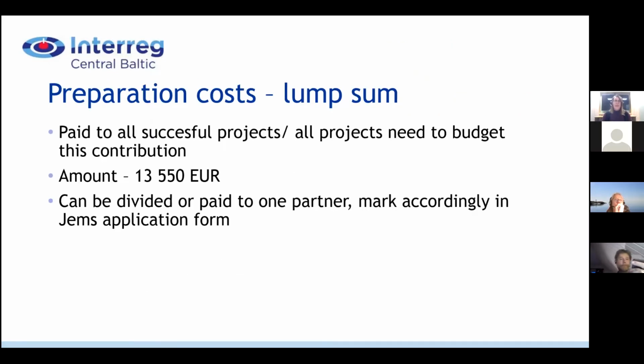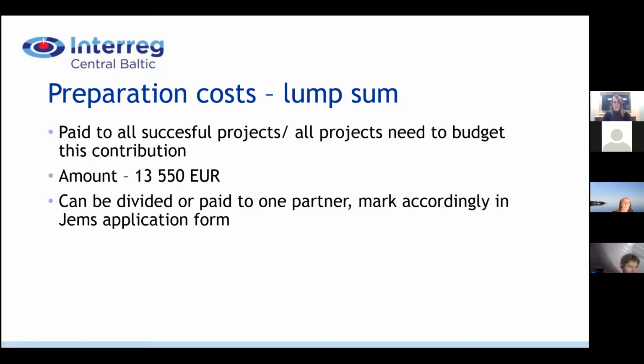So let's start with the preparation cost, the lump sum. This will be paid to all successful projects, and all projects need to budget for this contribution. There's one set amount, which is 13,550 euros.